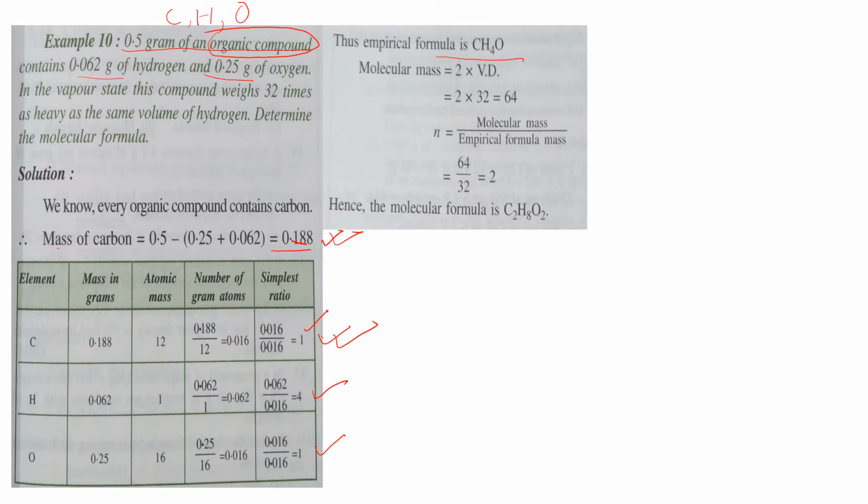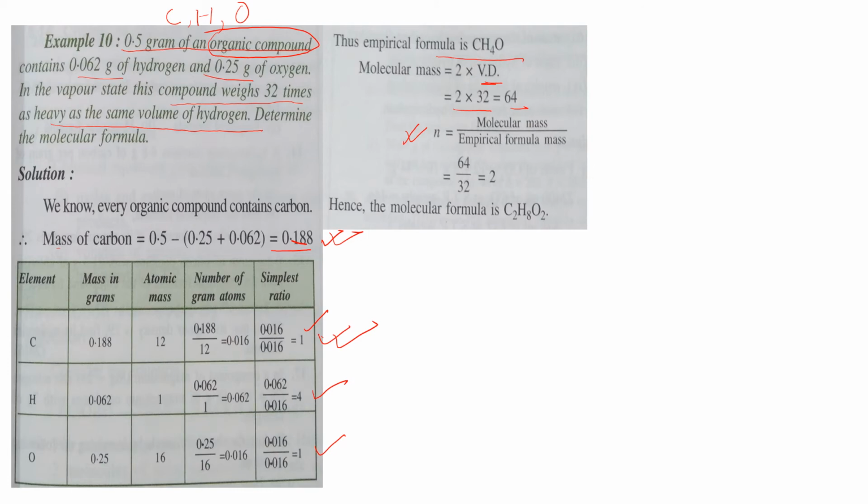Now as this is given in the vapor state, this compound weighs 32 times as heavy as the same volume of hydrogen. From the relative vapor density formula, this is nothing but the vapor density. So molecular mass is equal to 2 into vapor density, that is 64. Now from there find out the value of n, molecular mass by empirical formula mass.